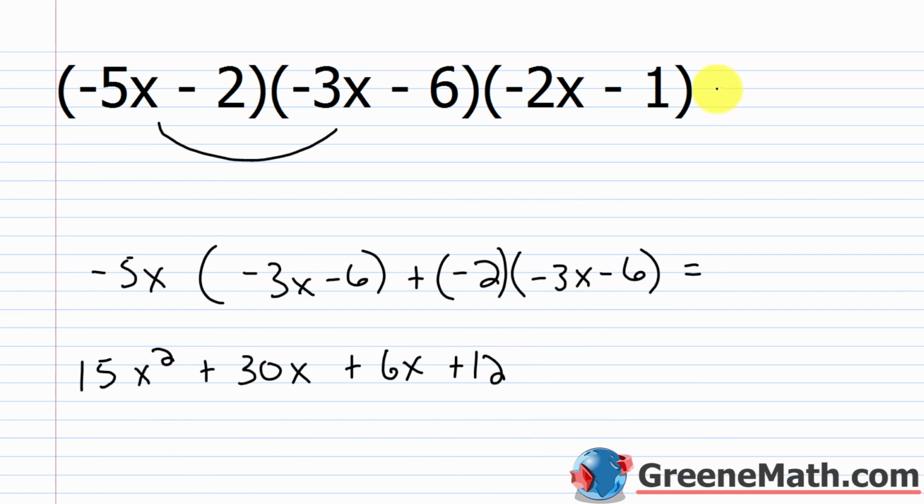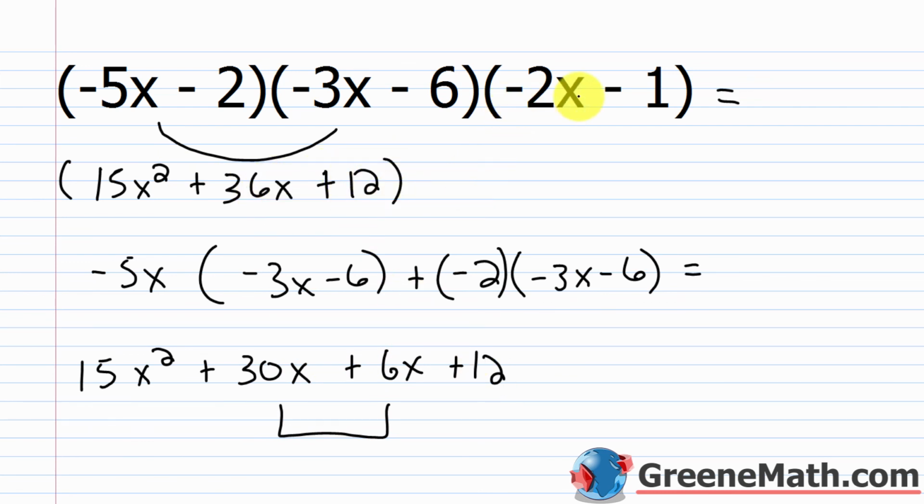So essentially what I'm transforming this problem into is this: I'd have 15x squared, and combining like terms, 30x plus 6x is plus 36x, and then plus 12, times this guy, negative 2x minus 1.